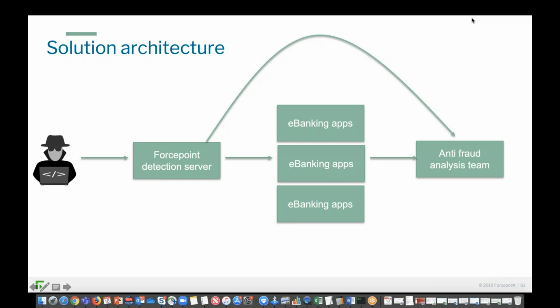So the Forcepoint detection server is a reverse proxy, and there are load balancers around it. We're protecting not only the actions of the customers, but also the actions of the employees, because there are risk scenarios around employees doing bad stuff. Money changes people.